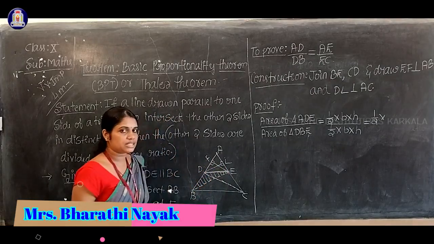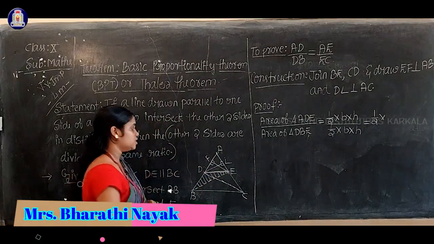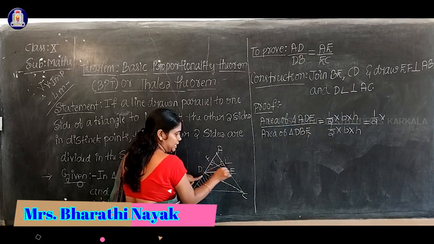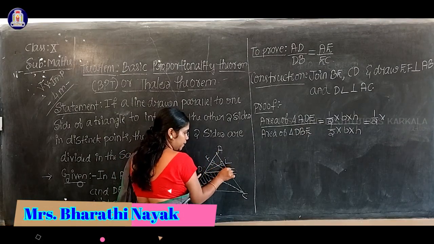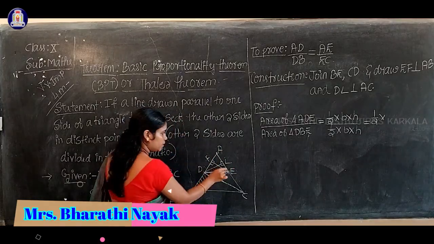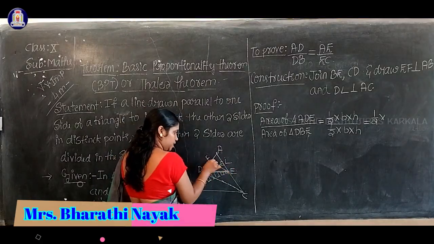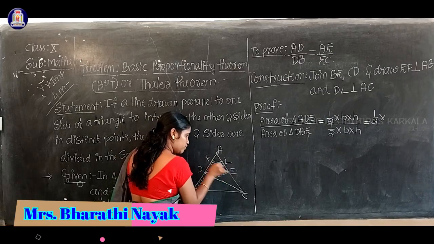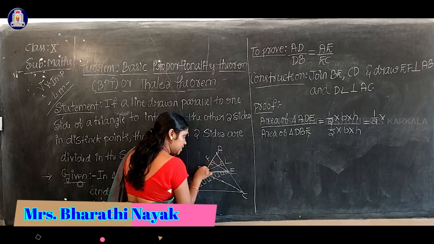You should be careful here. EF is perpendicular to AD here. EF is one of the perpendicular lines on this AD.